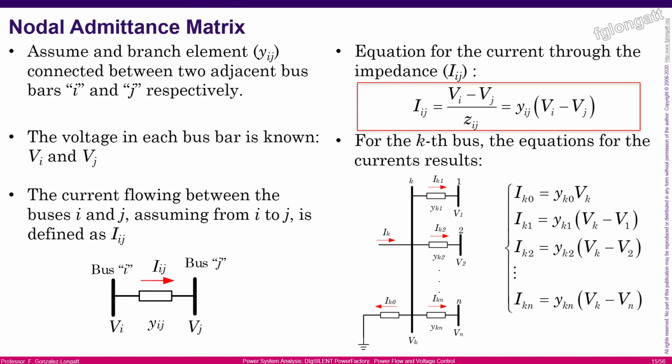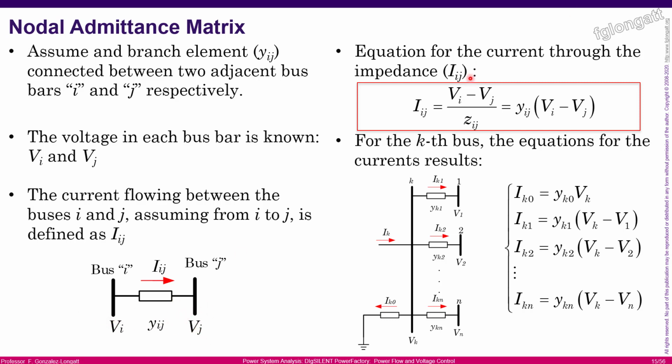Okay. If you imagine any series device, a branch, there is an admittance or impedance representing this device, okay? And this device is connected between two different bus bars, bus bar I and bus bar J, where the terminal voltages are known, okay?